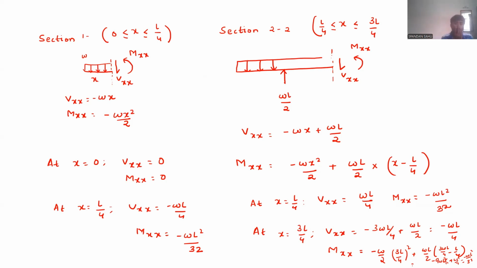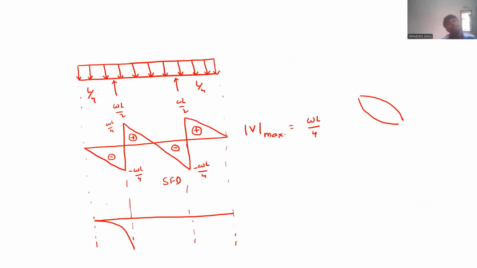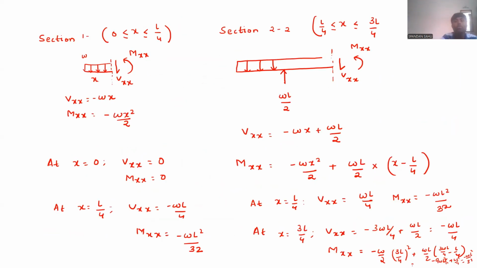Now, just check if this equation at some x between that range, is the bending moment becoming 0 somewhere? We have to check that. Just equate that equation equal to 0 and check if any x which lies between the interval L by 4 to 75% of L is falling within that range or not.